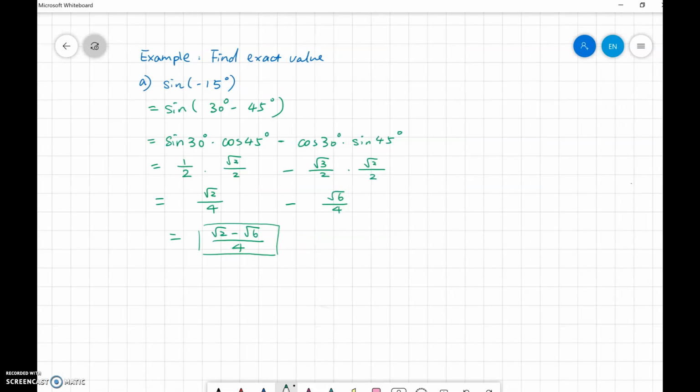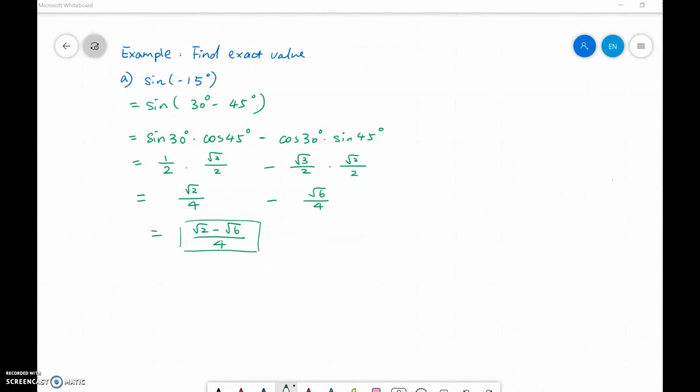So the second example is: I want to find the exact value for tangent of 13 pi over 12.